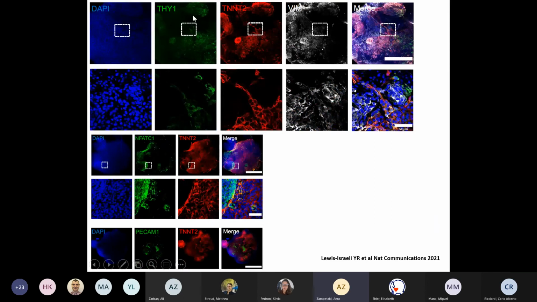Apart from cardiomyocytes, you also see cardiac fibroblasts being present in the organoid, also endocardial tissue and endothelial cells.